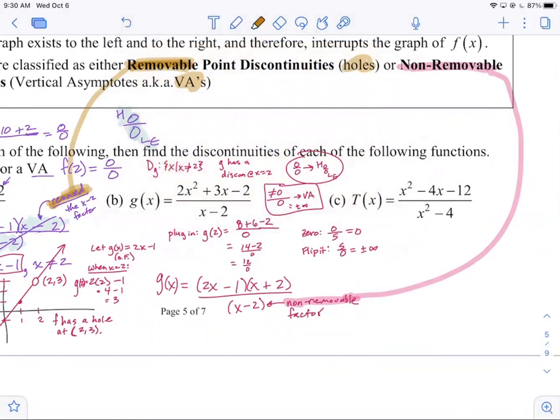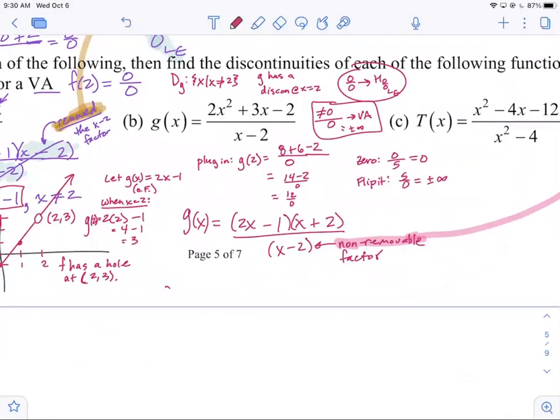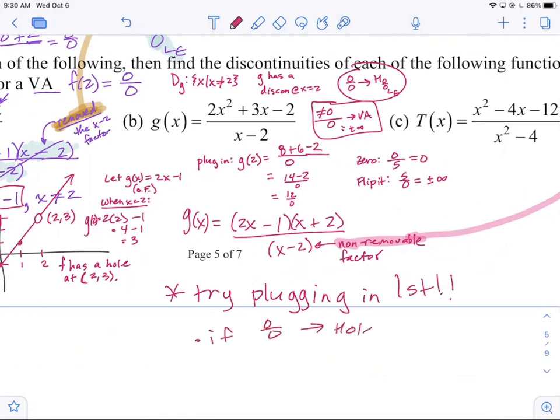Now, because the top won't always factor, if you're trying to determine if it's a hole or a VA by factoring the top, if it ends up being a vertical asymptote, it may not factor. It doesn't have to factor. So what I would always recommend is try the plug-in method first. Try plugging in first, okay? If you get 0 over 0, you know it's a hole.